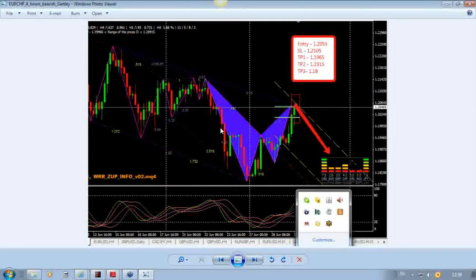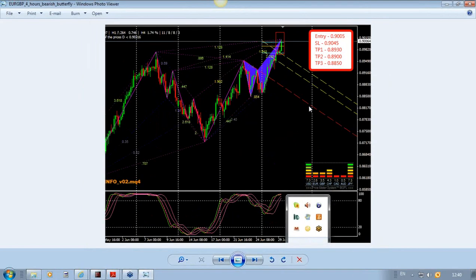That's the euro franc, which failed. It was a very good entry on the dotted lines, on this two-line area. Only this indicator was a little suspicious, but still good enough. But this trade failed.